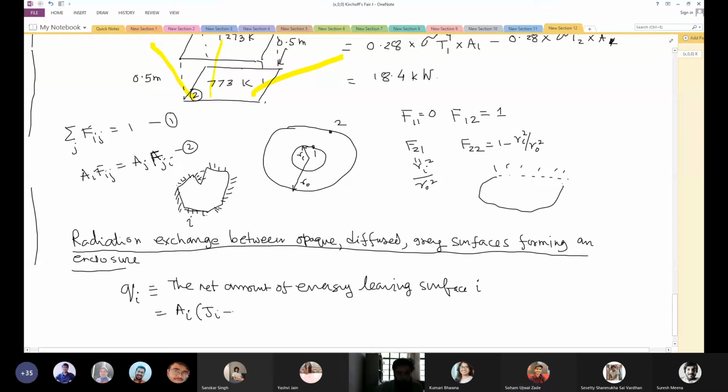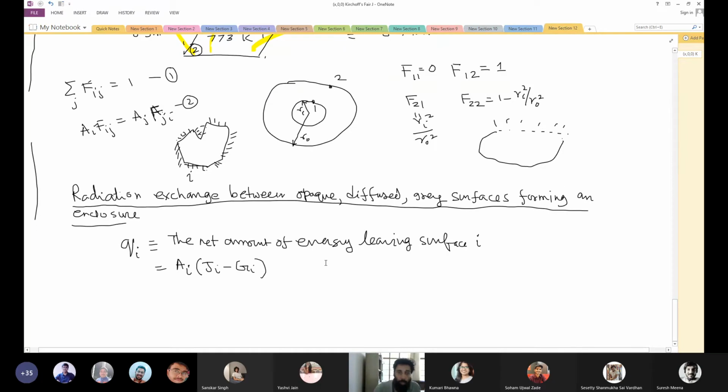Gi is the incident radiation on it. Note carefully that it's an opaque, diffuse, and gray surface, so Kirchhoff's law applies, and because nothing is transmitted, alpha equals 1 minus rho, where rho is the reflectivity. So we'll use those terms.